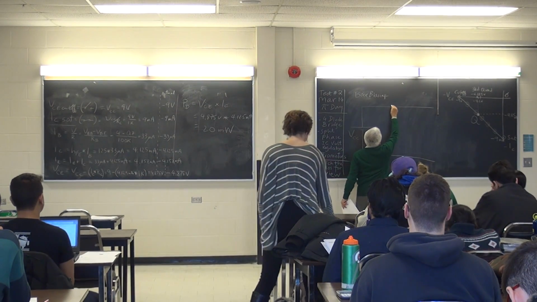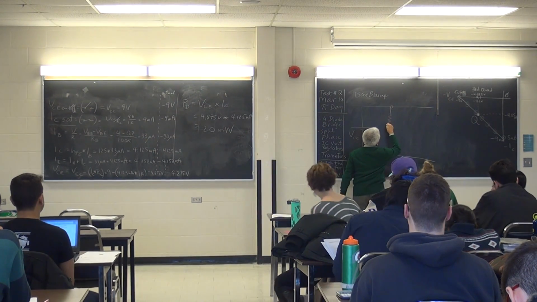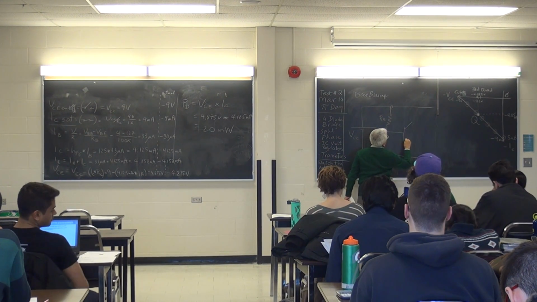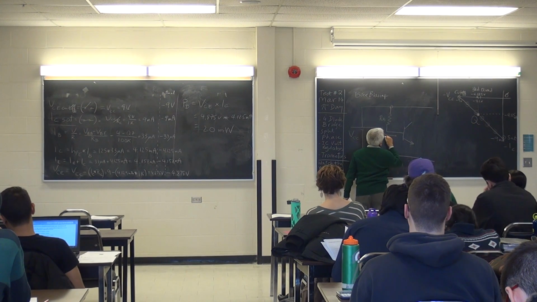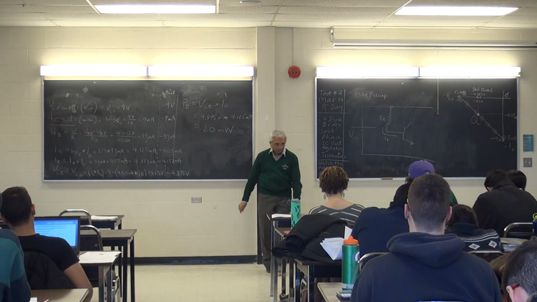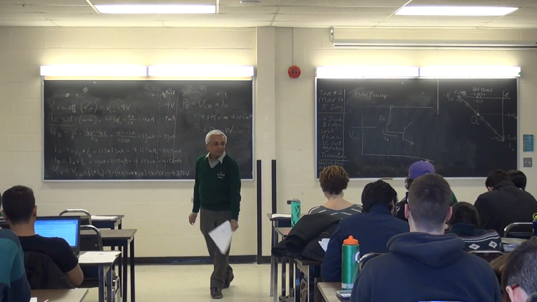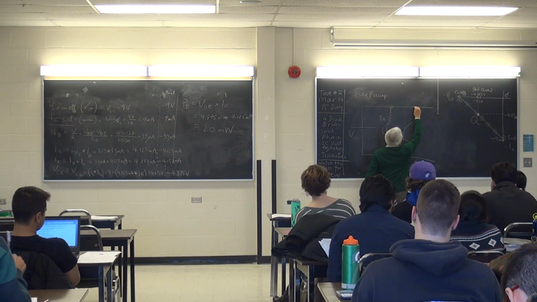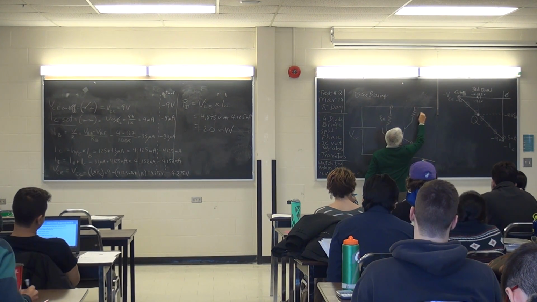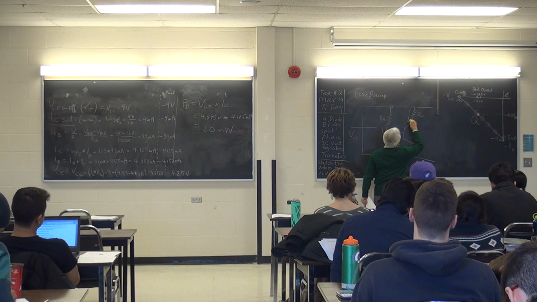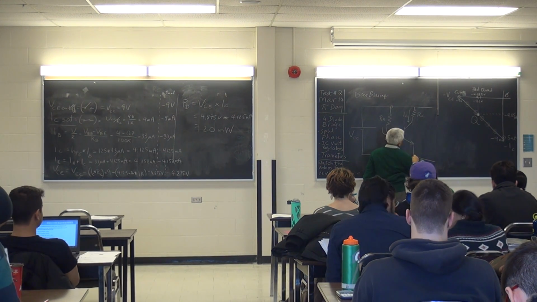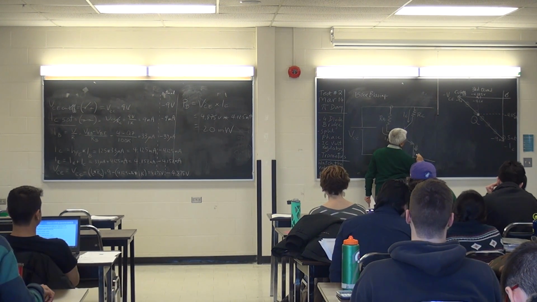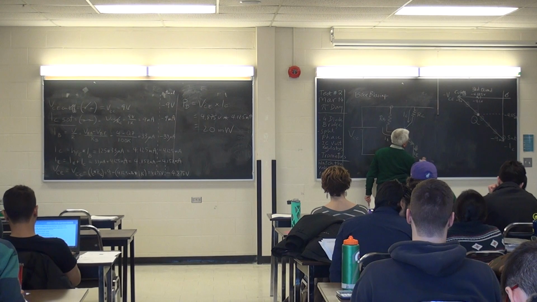Off of VCC, I'm going to have RB that's going to provide current IB. And off of VCC, I have RC that's providing current IC. And the two are going to become IE. Okay, so there's my circuit.